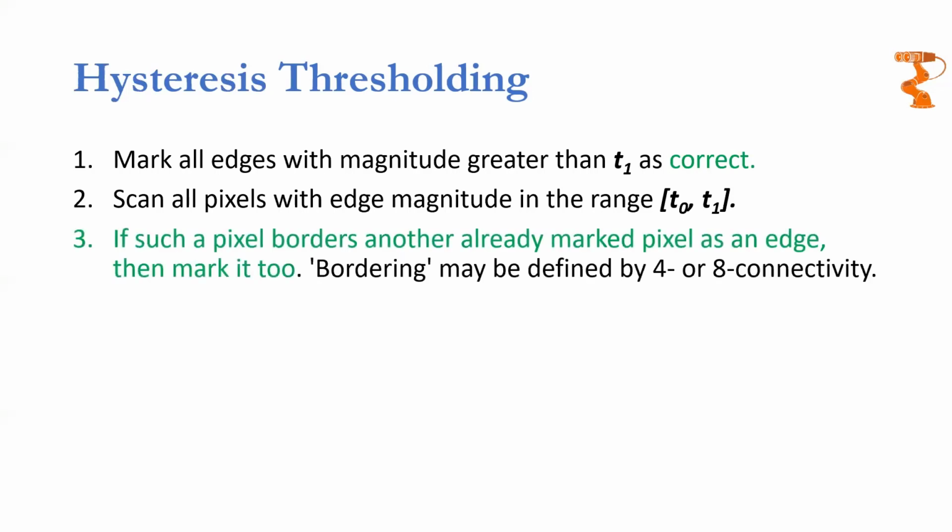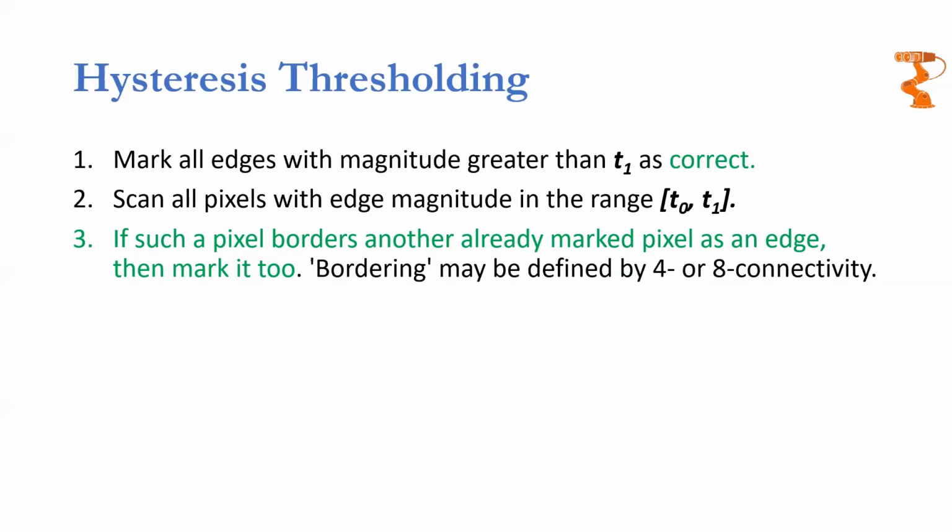Now we will look at the pixels having values between T0 and T1 only, and we will see if that pixel is in the neighborhood of an already marked pixel. If so, then we will say that, okay, this pixel is also an edge pixel.